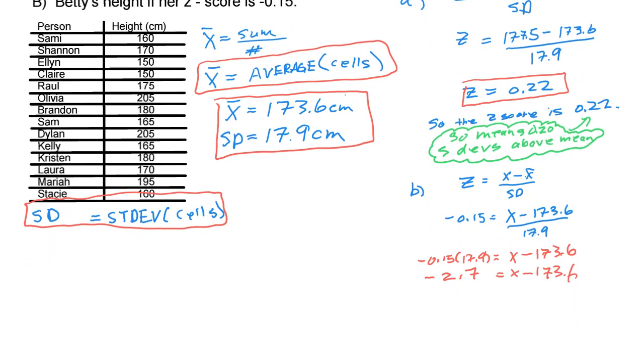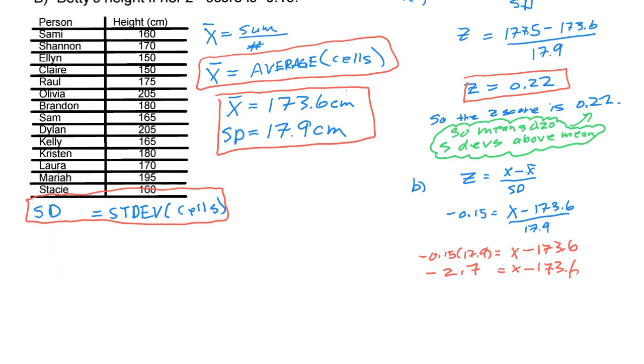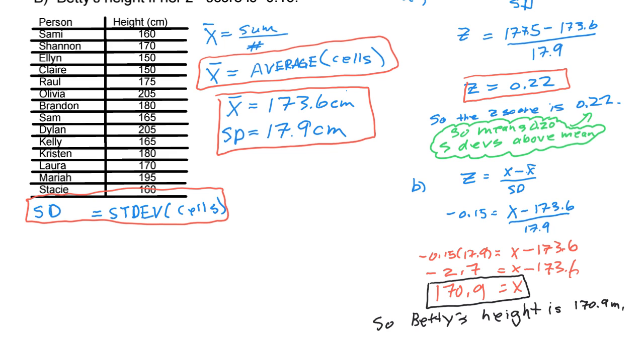And now we just solve for X. With the manipulations, you find that X is 170.9, which was Betty's height. So Betty's height is 170.9 centimeters.